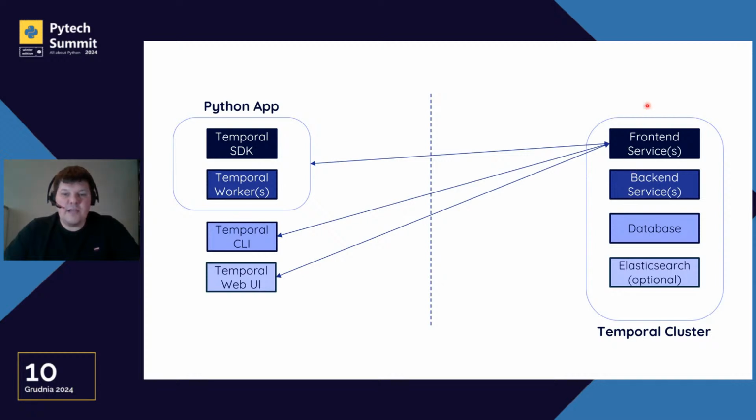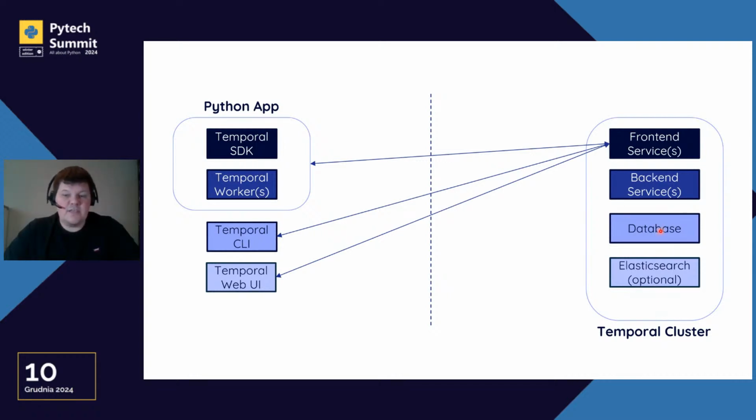Now let's talk a little bit about the role of the Temporal cluster, like responsibilities of our Temporal cluster. So we have a worker, and the worker executes our code, and we have the Temporal cluster, and Temporal manages tasks and history, like execution history.